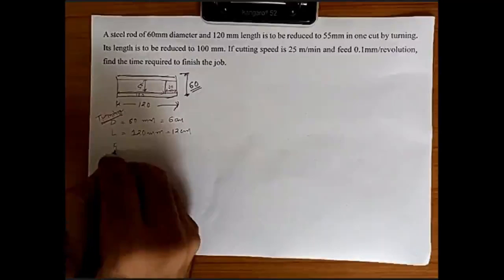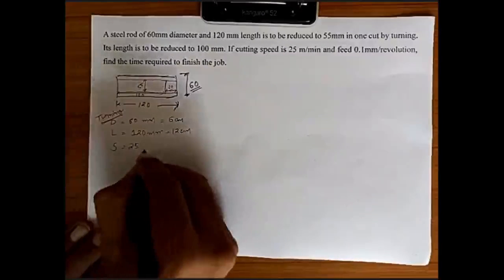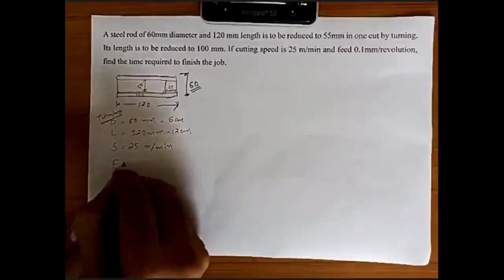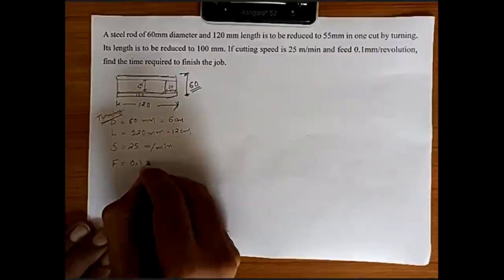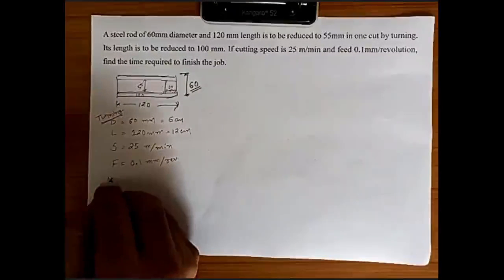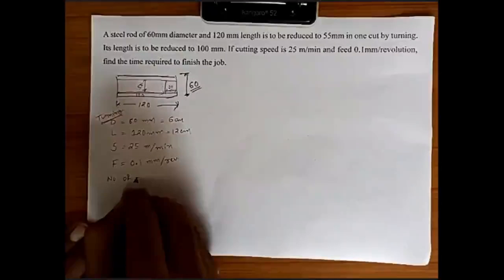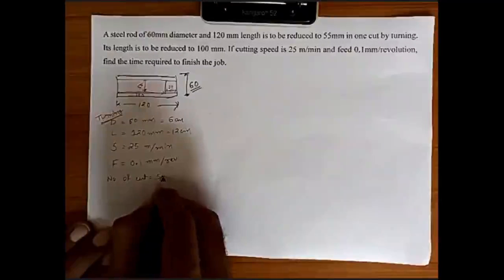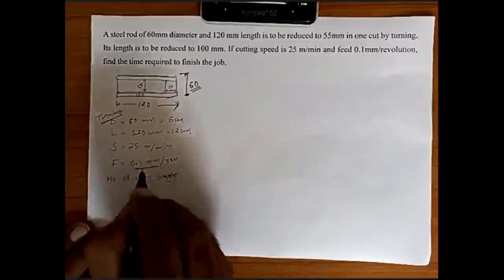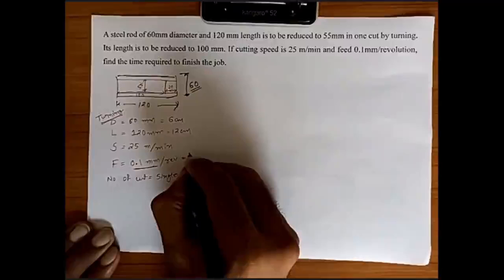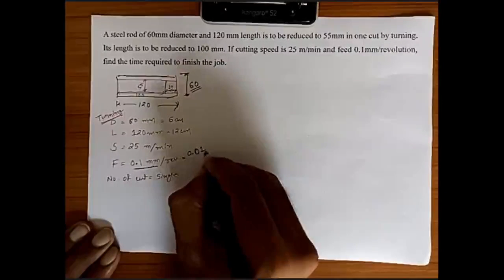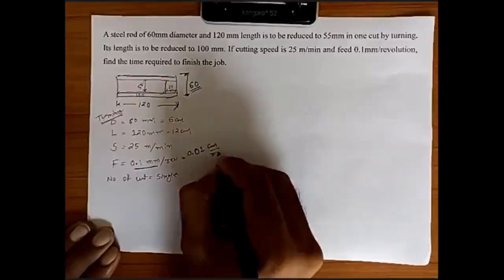Cutting speed S is equal to 25 meter per minute. Feed F is equal to 0.1 mm per revolution. Number of cut is equal to single. Now feed 0.1 mm we will convert to 0.01 centimeter per revolution.